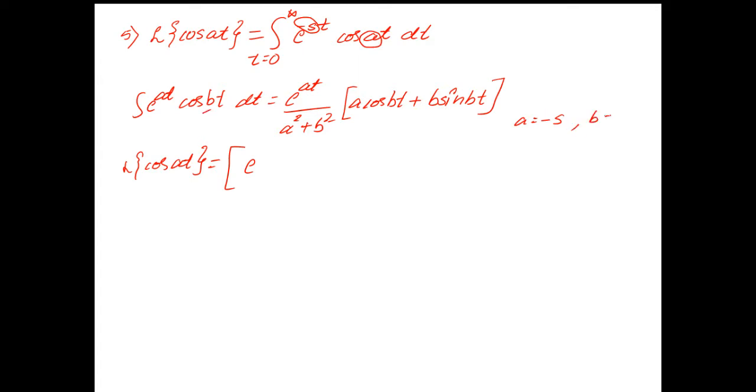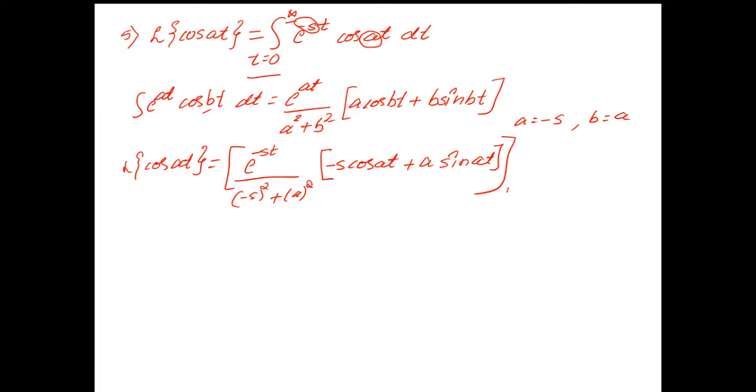Substitute: e^(-st) divided by (minus s) square plus (a) square, times (minus s cos at plus b, which is nothing but a here, sin at), and apply the limits, that is t equals 0 to t equals infinity. Before substituting the limits, I will take s square plus a square out of the denominator, as it is a common term.